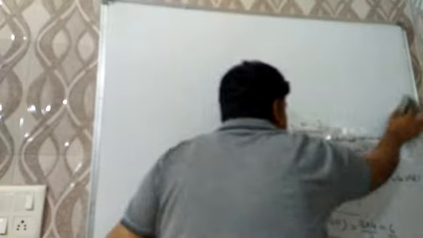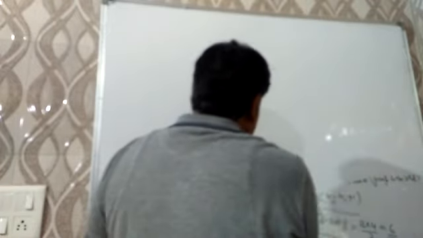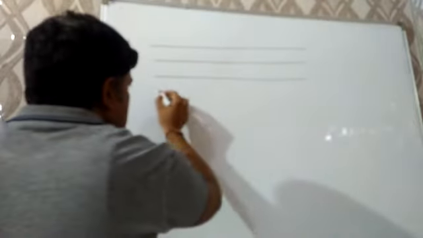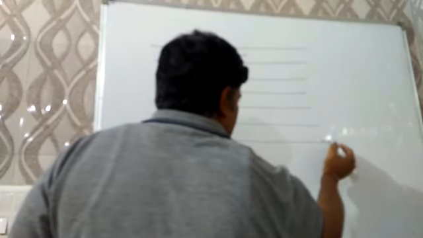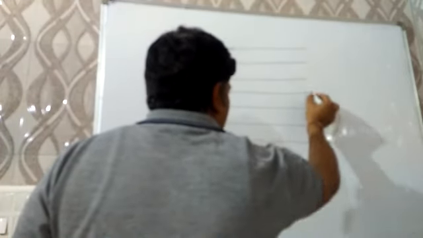Now we have to discuss these series. First of all, I am drawing the diagram, and then we will discuss their wavelength and region of the lines. Let's suppose for the hydrogen atom there are 7 energy levels. Here n is 1, 2, 3, 4, 5, 6 and 7.